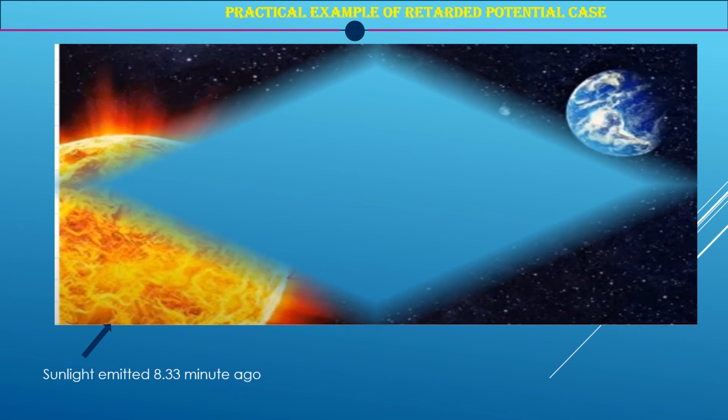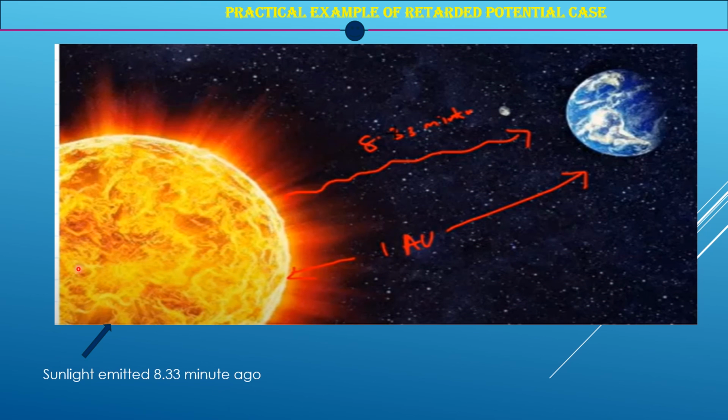Now let me show you a practical example of how you can feel the retarded potential. The sun is one astronomical unit away from our Earth, and sunlight takes 8.33 minutes to reach the Earth. So what we record has an 8.33 minute delay, since the light left the sun 8.33 minutes ago.